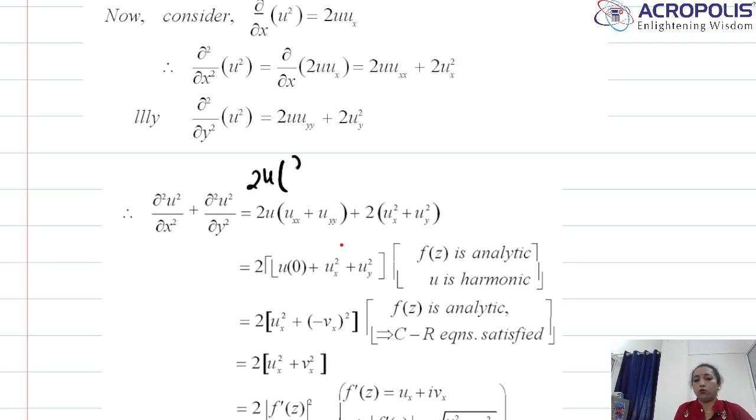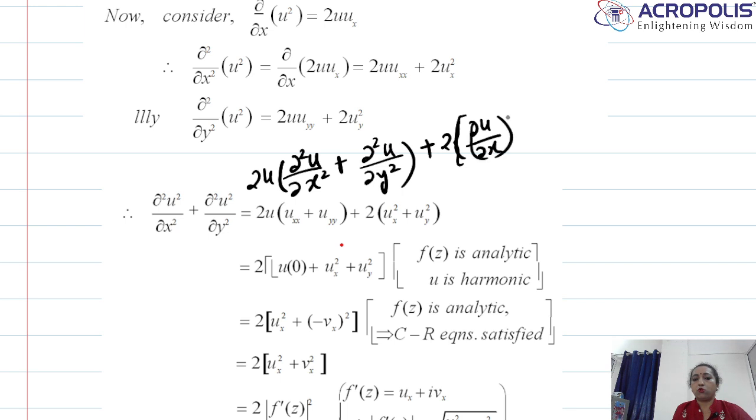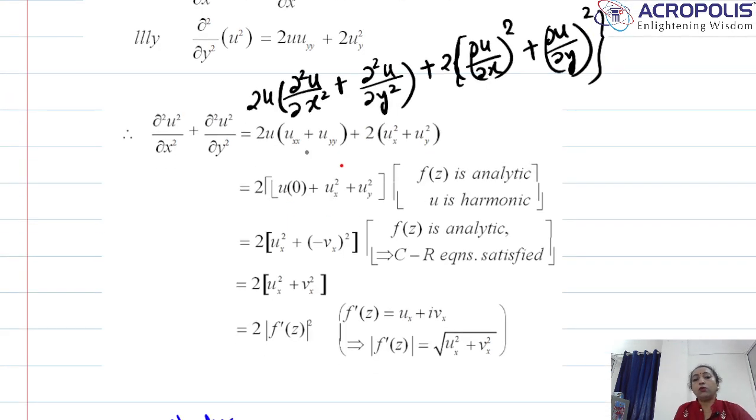That means it is 2u(∂²u/∂x² + ∂²u/∂y²), with 2 as a common factor, plus (∂u/∂x)² + (∂u/∂y)². Since u is a harmonic function, ∂²u/∂x² + ∂²u/∂y² becomes 0, and I am getting u_x² + u_y².